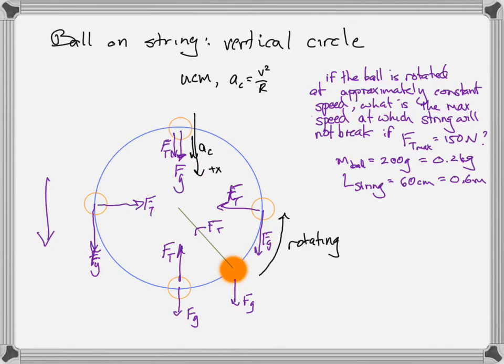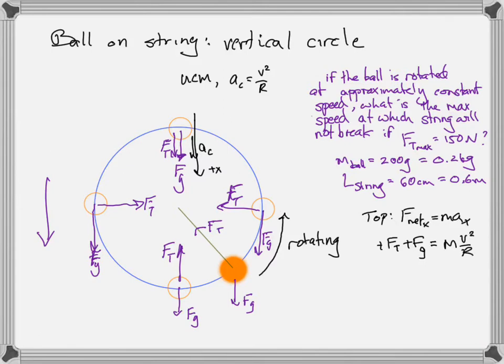And so I can then apply Newton's second law. For the ball at the top, F net x equals m a x. Look at the net force from the free body diagram. We've got plus Ft plus Fg. Those are the two forces, both pointing in the plus x direction, equals the mass of the ball times the acceleration, which we know is v squared over r.